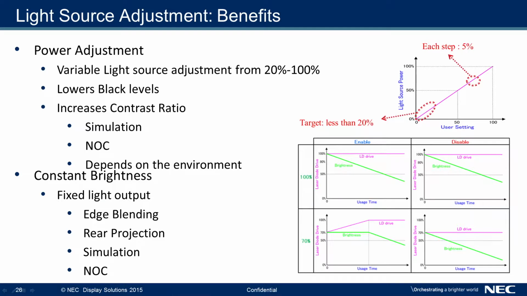If we keep a constant brightness mode on this bottom here, you can see it runs for a long time. Eventually it will start dropping off because I can only increase my power so much. But that depends on where that value is. So here we're showing 70%. If we bring it down to 50%, that value is going to be out here in space, right? So we may be able to keep the brightness until they decide to change the technology and never have to do anything with the projector itself.